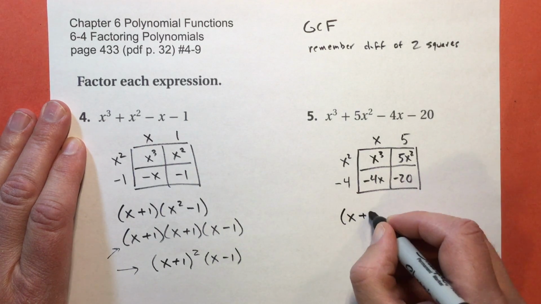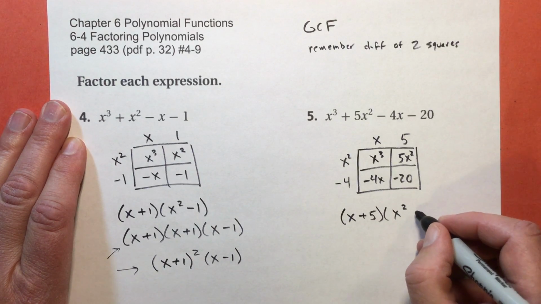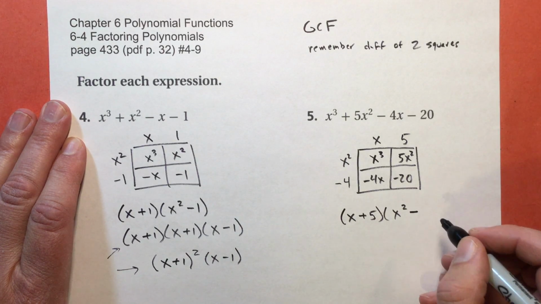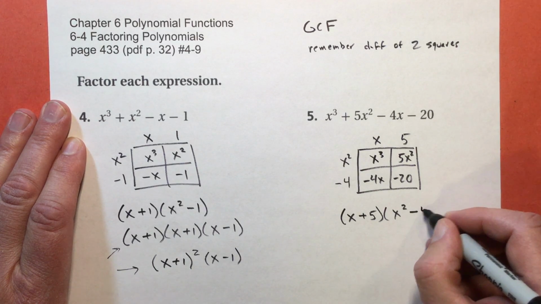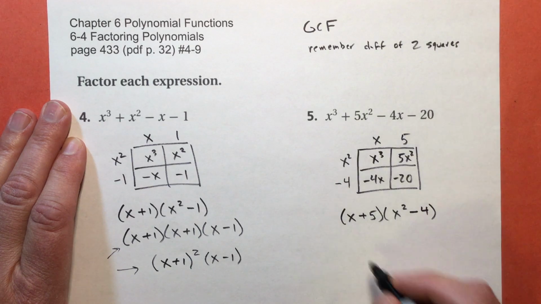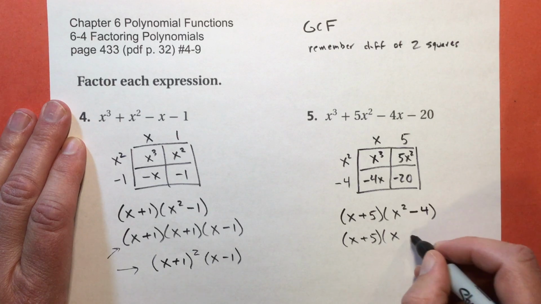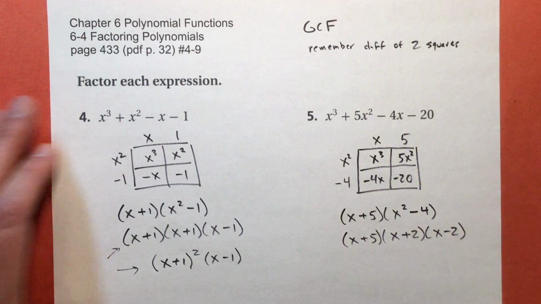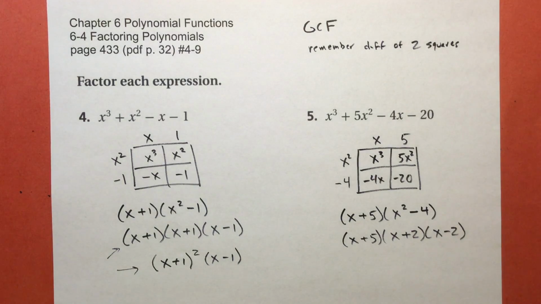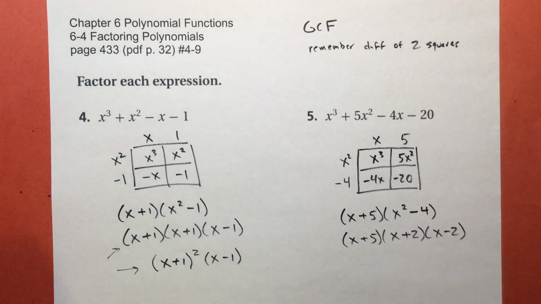So I get x plus 5 times x squared subtract 20... rather, x squared subtract 4. If that last thing is a perfect square, I've got the difference of two squares, and guess what? It is. So my final factored form is x plus 5 times x plus 2 times x subtract 2. And I should mention this: the order doesn't matter. So if you write x plus 2 times x plus 5 times x minus 2, that's cool too.